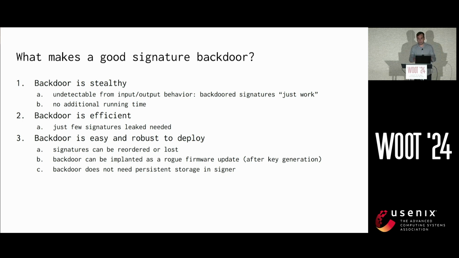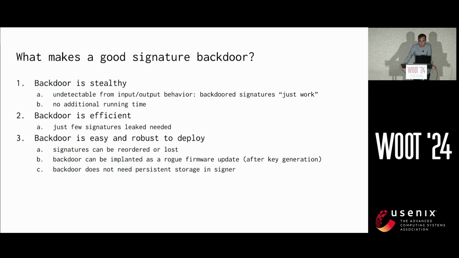You just want to leak maybe 256 bits, which is, for example, the size of a BIP32 seed, of a secret seed of your protocol. So you want to leak 256 bits in as few signatures as possible.